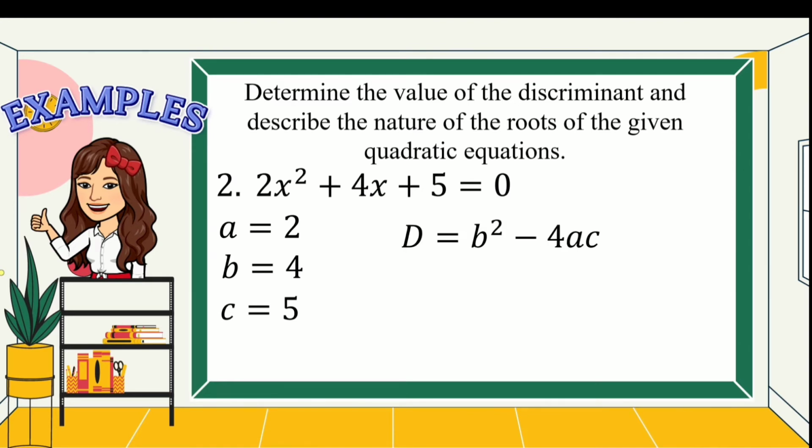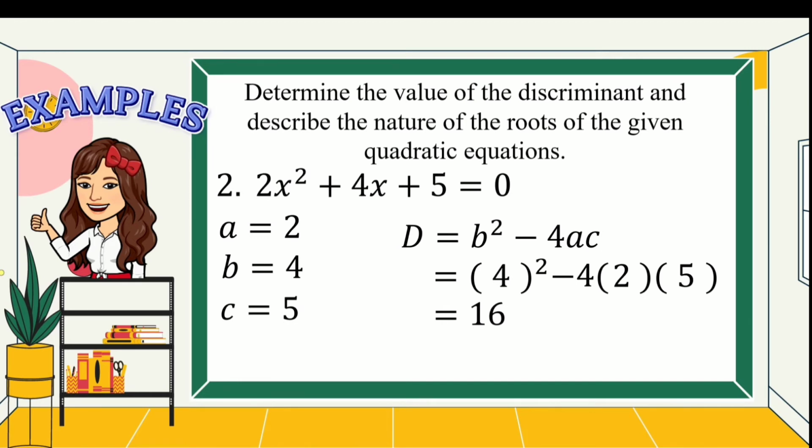For the discriminant, we have b squared minus 4ac. Substitute the values, we have 4 squared minus 4 times 2 times 5. 4 squared is 16. Again, 4 squared is 4 times 4.